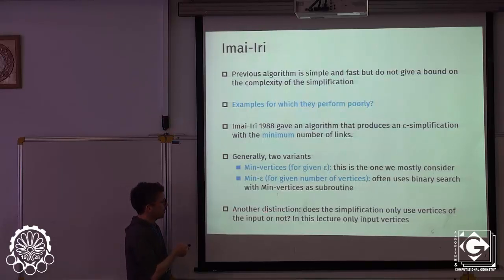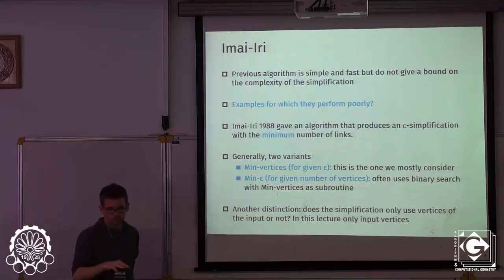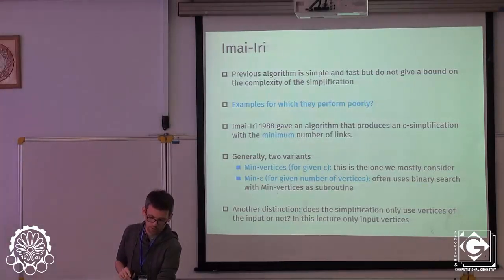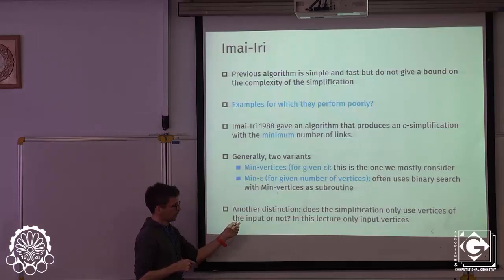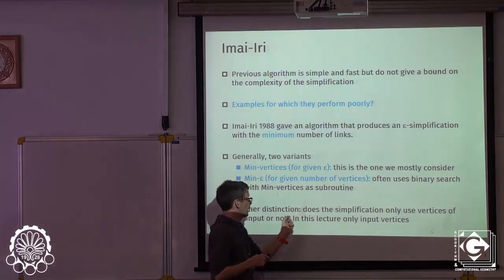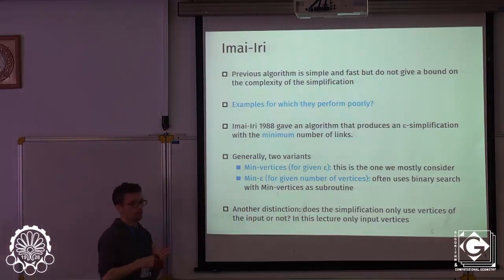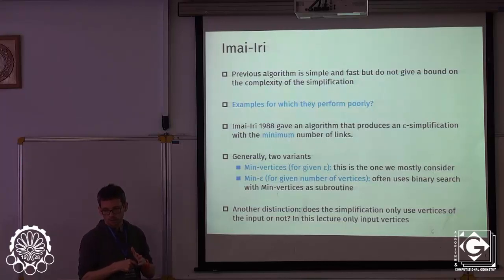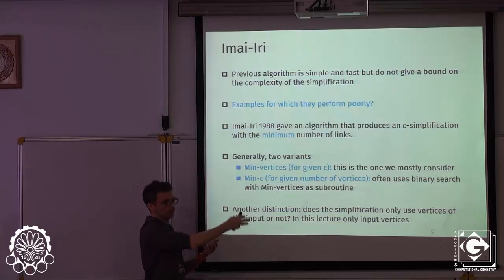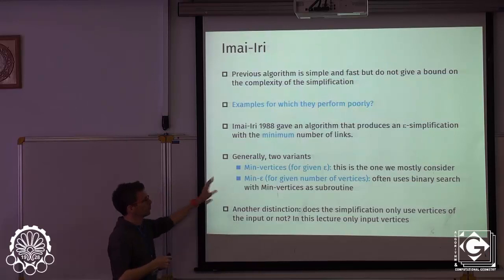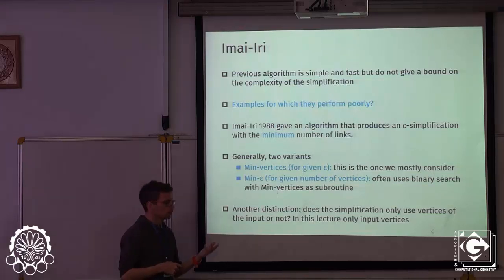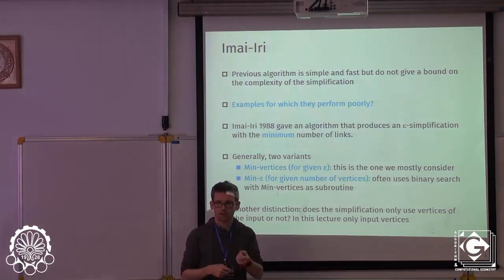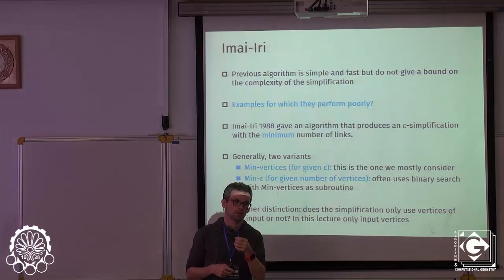So another important distinction in simplification, which I so far only mentioned implicitly, is whether you only use vertices of the input or not. So whether you're asking for any curve of a given complexity with a bound of at most epsilon, or a curve which as vertices uses the vertices of the input.